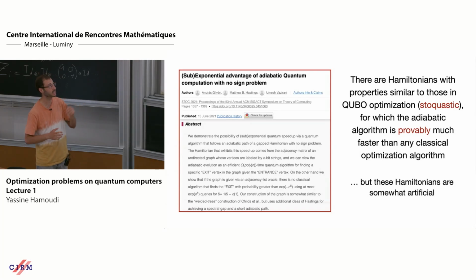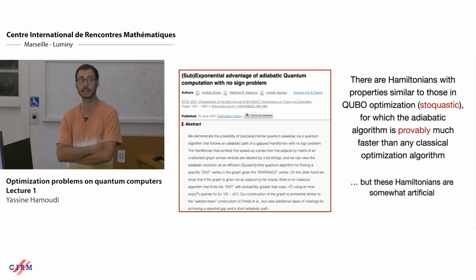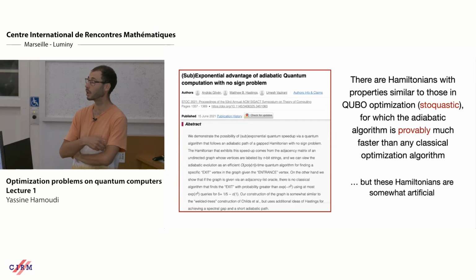In particular, there are stochastic Hamiltonians for which it has been proved mathematically that the adiabatic algorithm would be almost exponentially faster than any classical optimization method. So it's a provable result about the superiority of this algorithm on certain kinds of Hamiltonians. So there is some hope that it could be interesting to use this kind of technique in the long term to solve some concrete optimization problems.